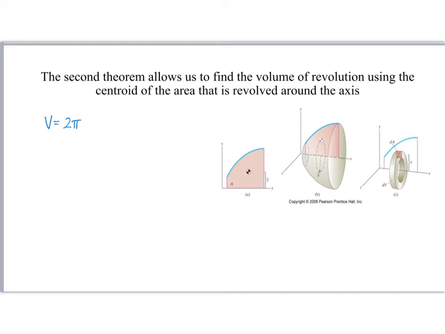If you don't go the whole way around, you could just replace 2 pi by the angle that represents how much you revolved it, and then times y bar, where y bar is the centroid of the area that we revolved, times the area. So you can see that it has a really similar expression. It's just that we're talking about a different type of calculation.